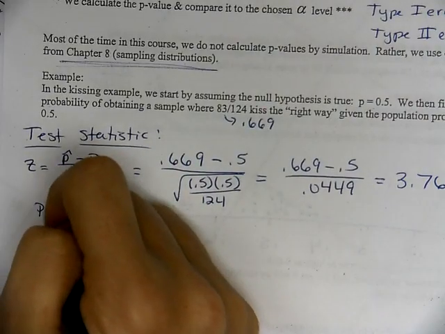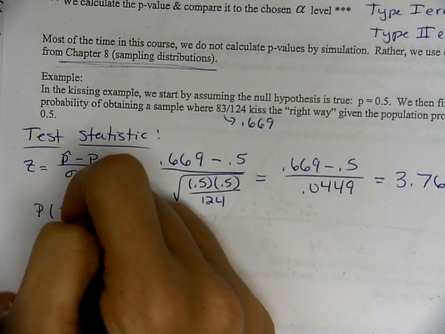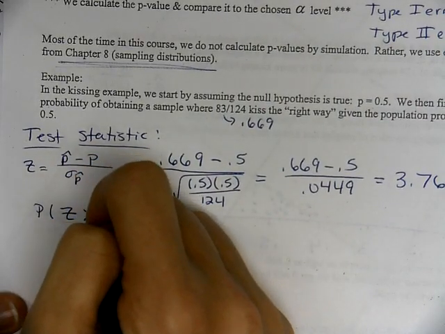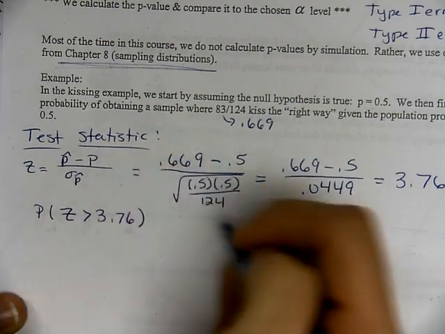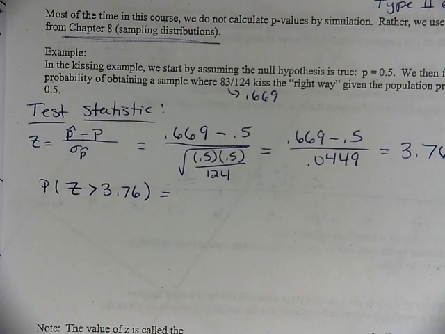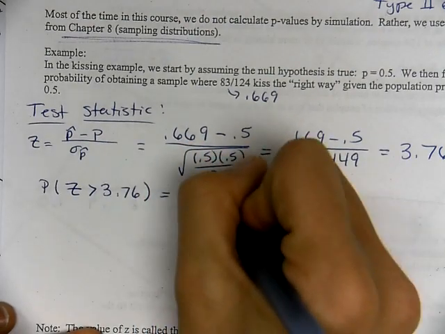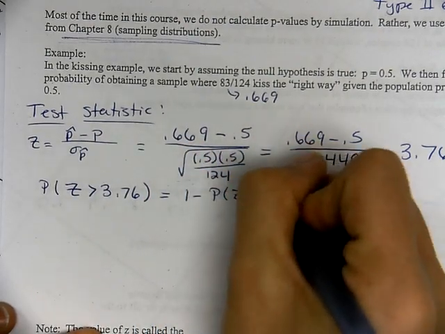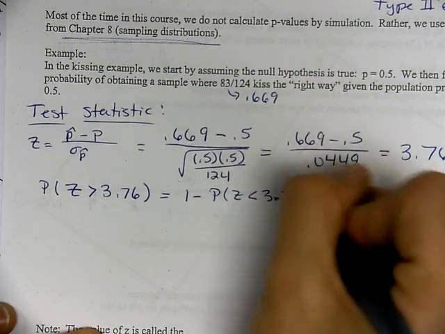So our sign for what we figure out matches our alternative hypothesis. So we're looking at the probability Z is greater than 3.76. What happens when I do a greater than? Yeah, I got to do 1 minus the probability Z is less than 3.76.